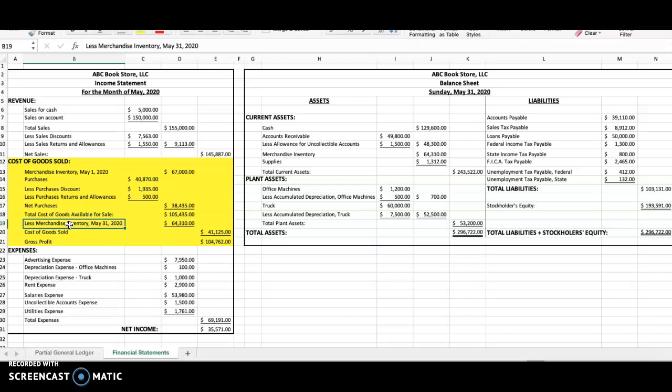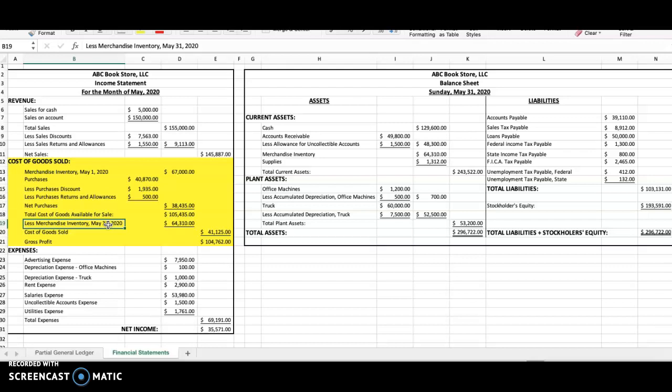Now, it's not that simple, actually. It's much more automated in this day and age. We're not going to get into how that automation works, but basically, by an automatic method or methods, the company will determine what inventory is available at the end of the accounting period.